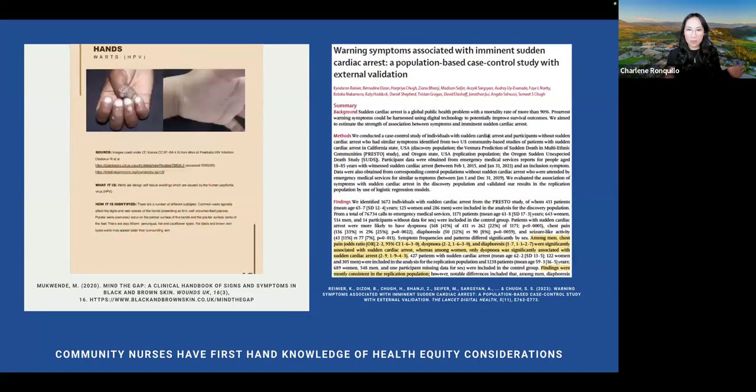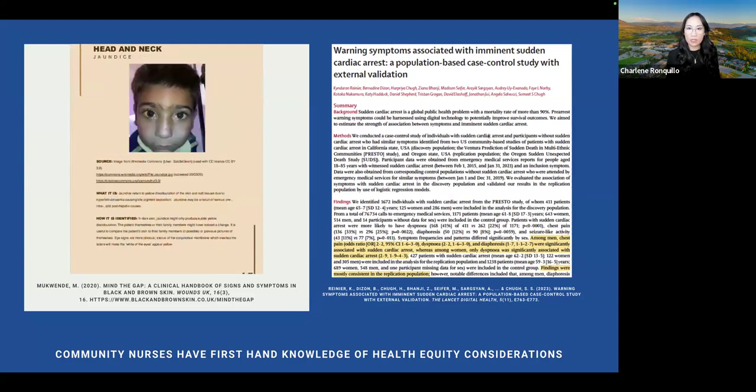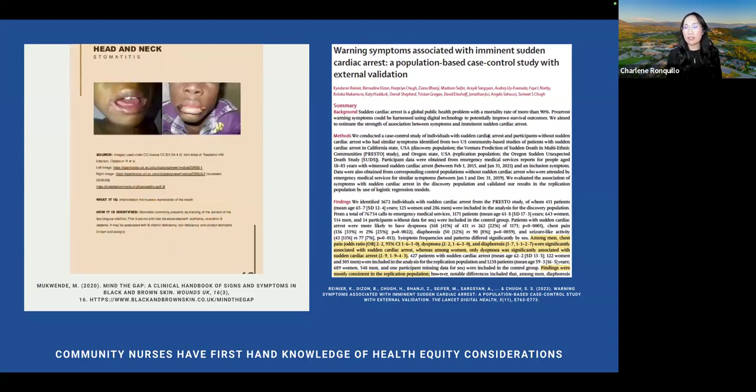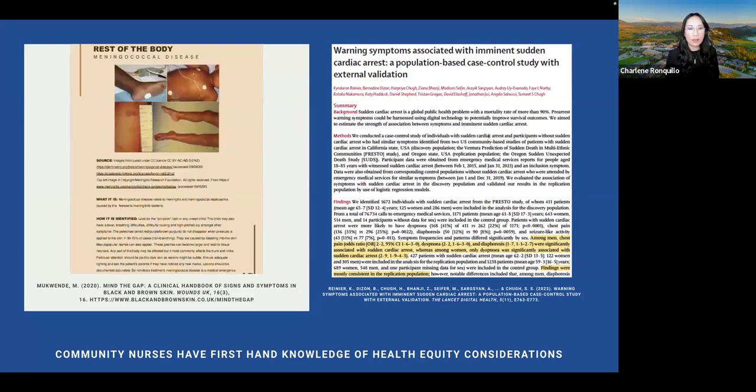So this slide here is talking more about the literature. We know that the literature is limited in terms of what evidence exists for different groups of people. So you'll see that changing photo there.